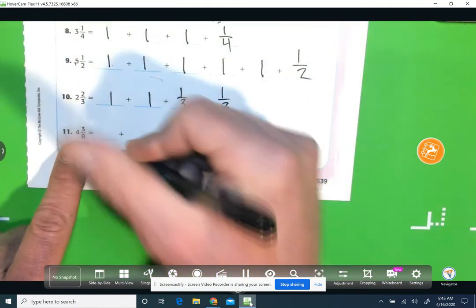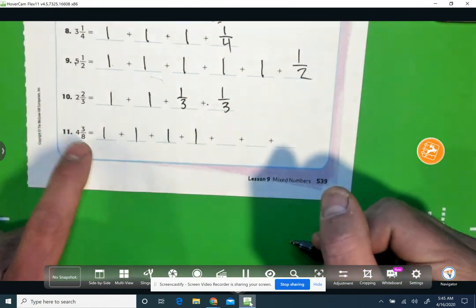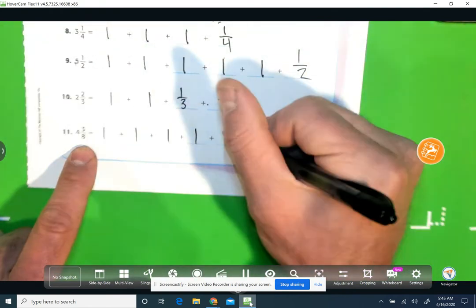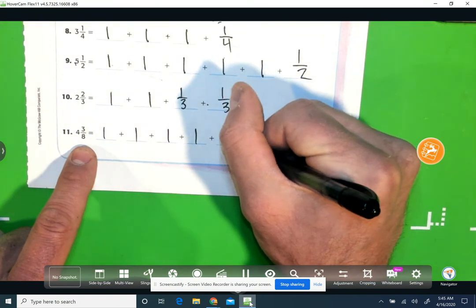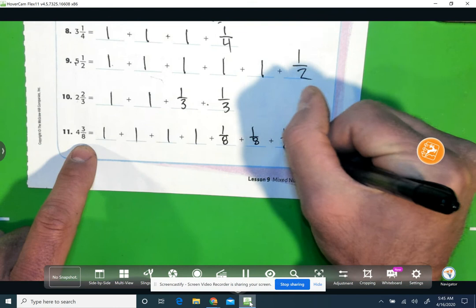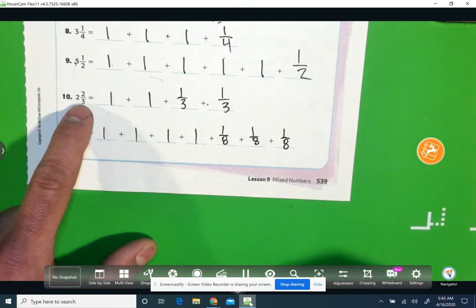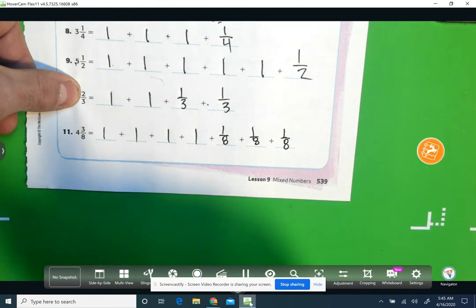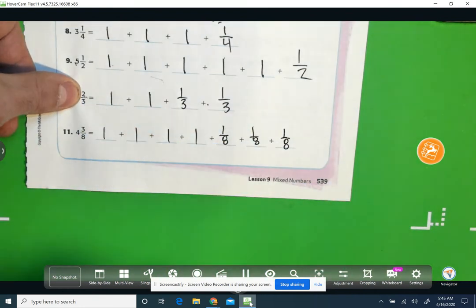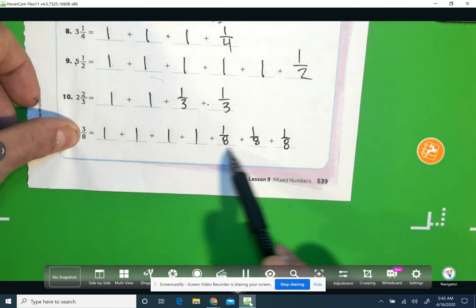Okay. 4 is the sum of 1 plus 1 plus 1 plus 1. 3/8 is the sum of 1/8 plus 1/8 plus 1/8. Okay, the denominator doesn't change, but it's how many ones do you have to add together to make 2/3? How many ones do you have to add together to make those 3/8?